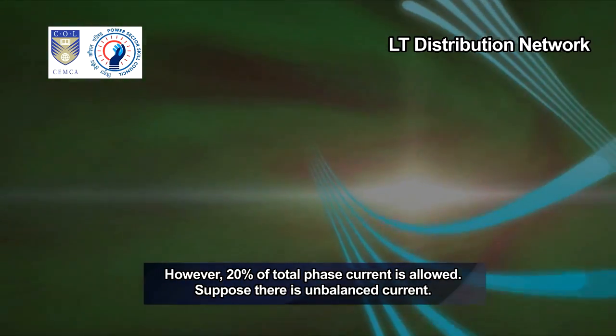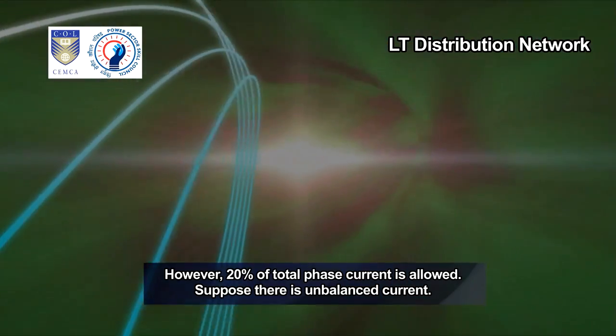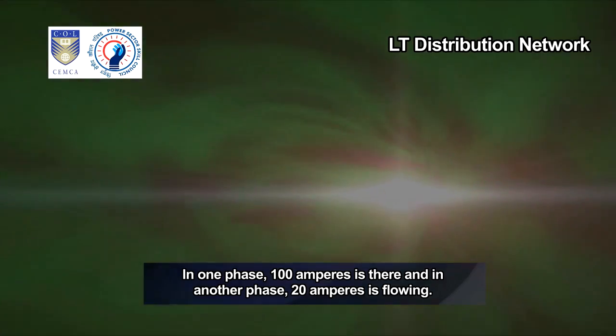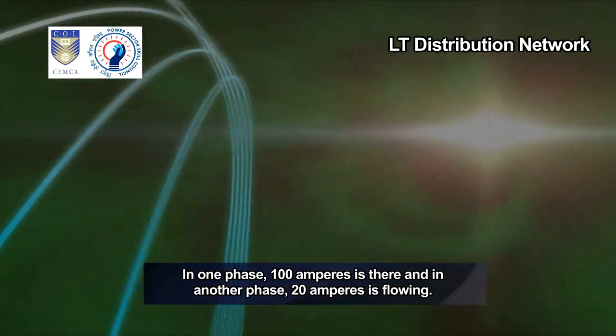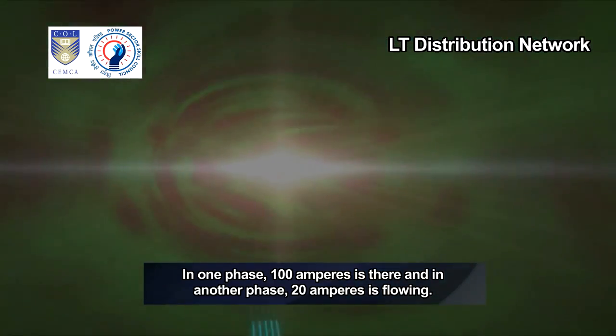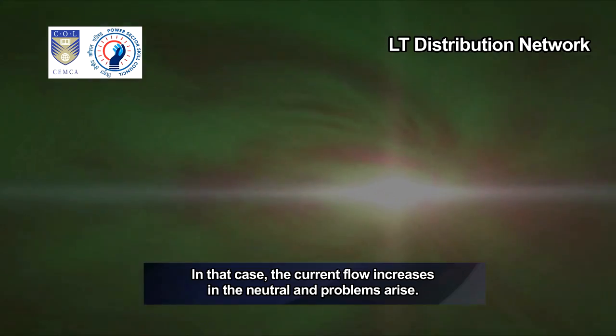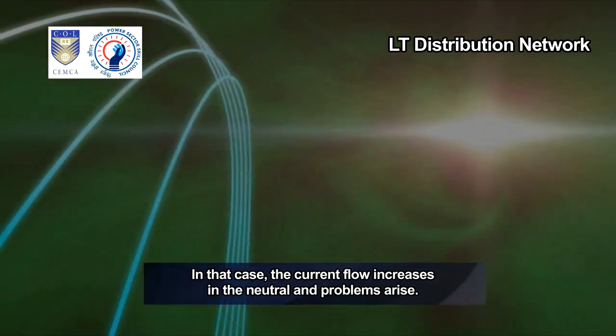However, 20% of total phase current is allowed. Suppose there is unbalanced current. In one phase, 100 amperes is there and in another phase, 20 amperes is flowing. In that case, the current flow increases in the neutral and problems arise.